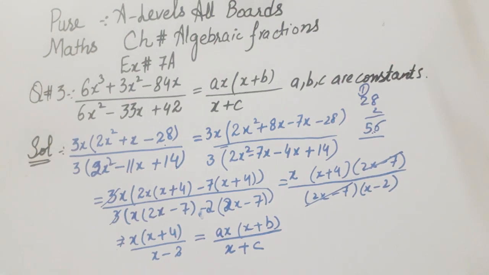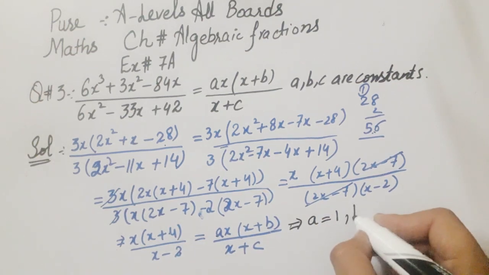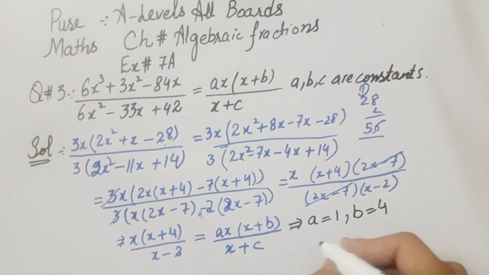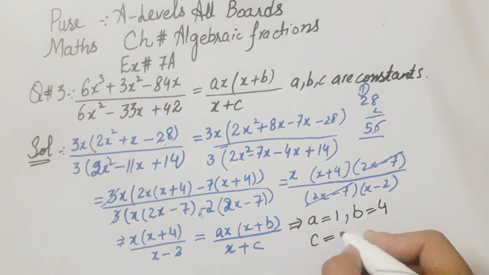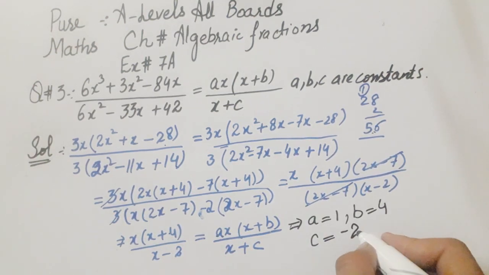Now we will get the values such that a is equal to 1, and b is equal to 4, and c is equal to −2. So this is the final answer of this question.